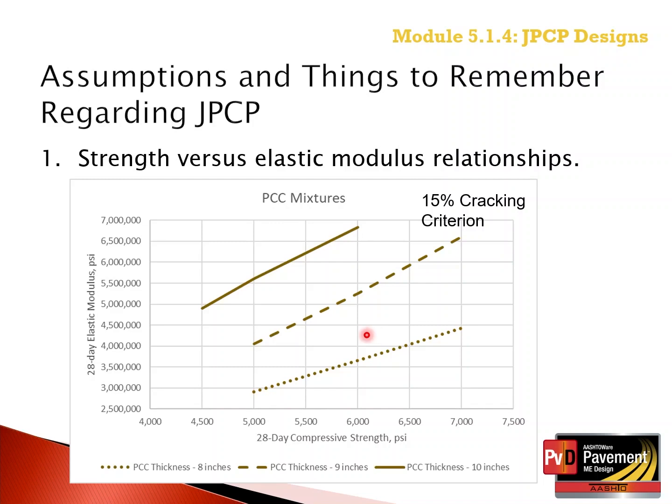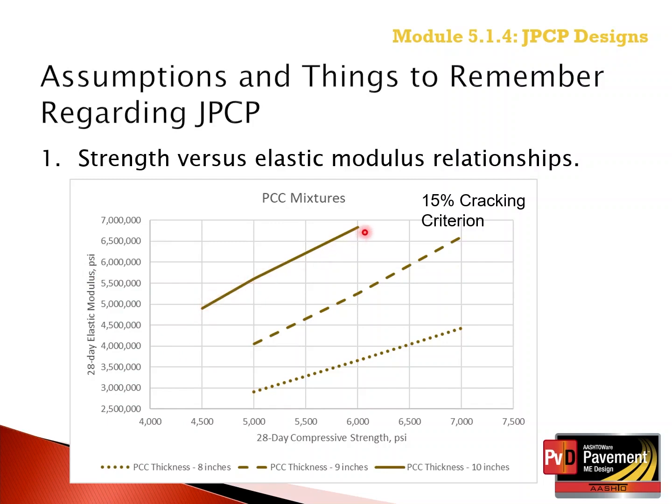This graph illustrates that there are relationships between strength, in this case 28-day compressive strength, and elastic modulus, for which the same percentage of cracked slabs will be predicted throughout the life of the jointed plain concrete pavement.